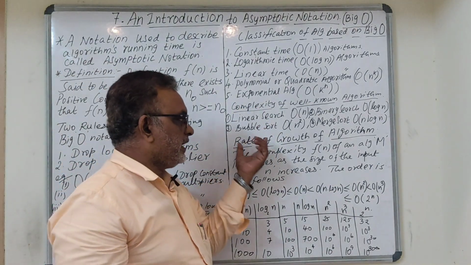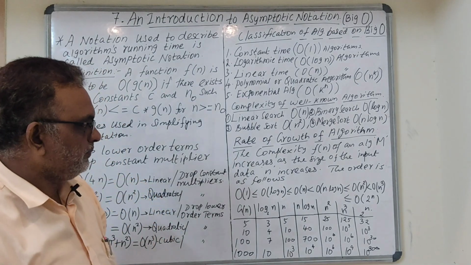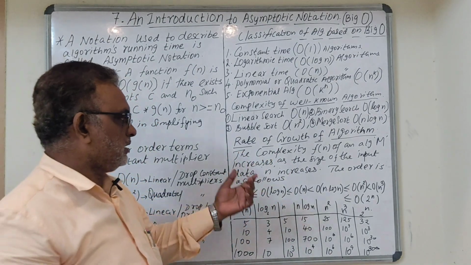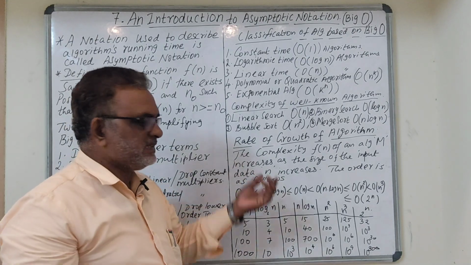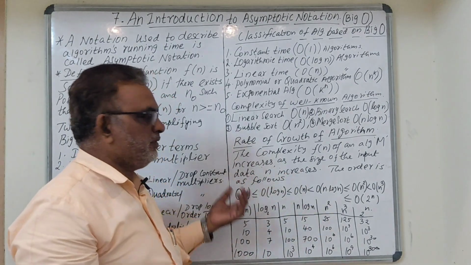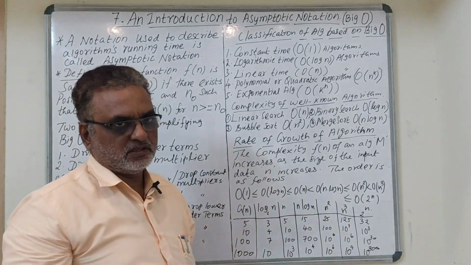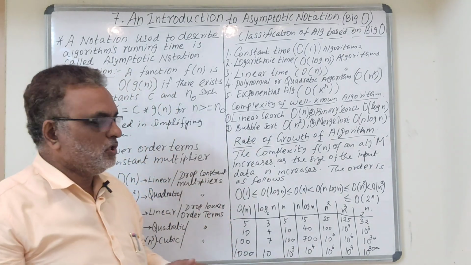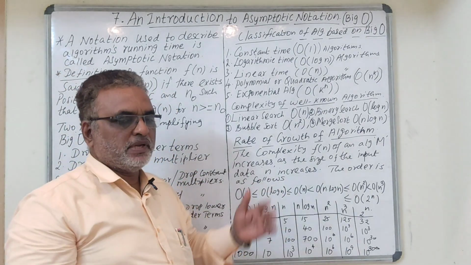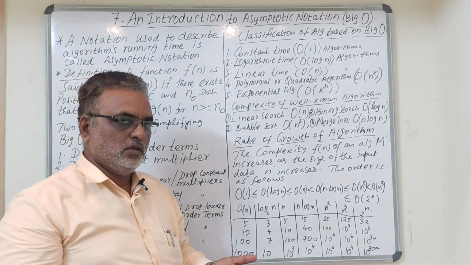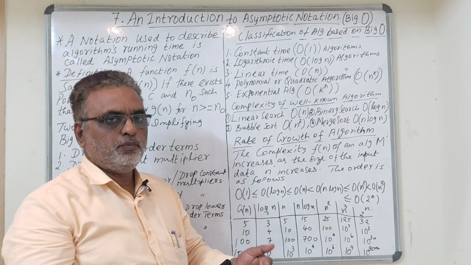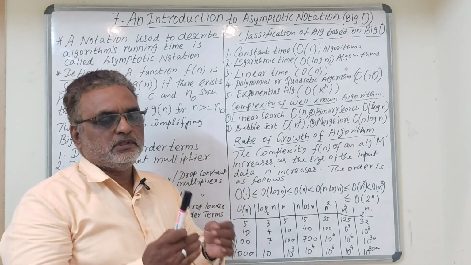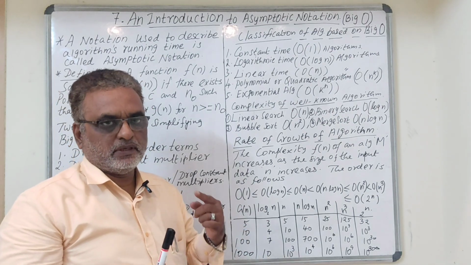Next I move on to the rate of growth of the algorithm. The complexity f of n of an algorithm increases as the size of the input data n increases. So if the size of the input increases, naturally the complexity also increases. For example, if you consider a loop, if the loop is executed one time, it is considered as one statement.